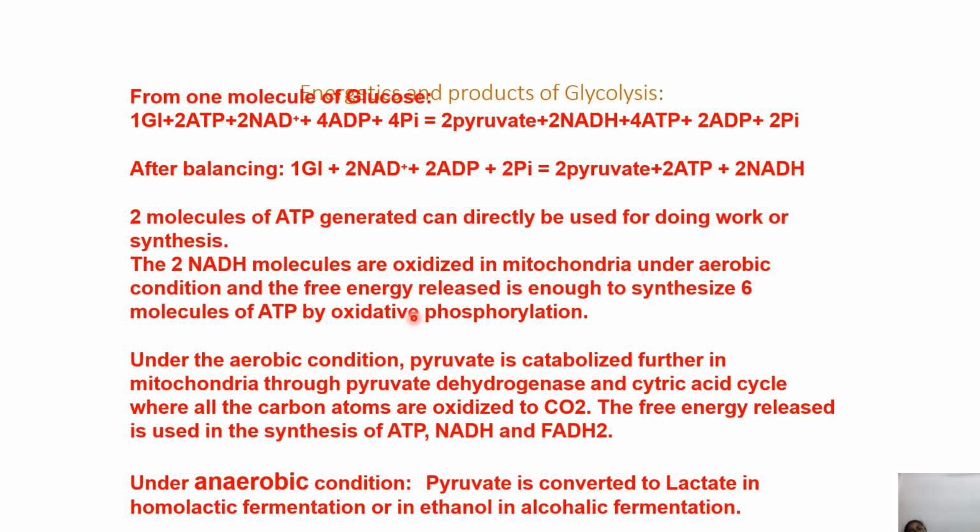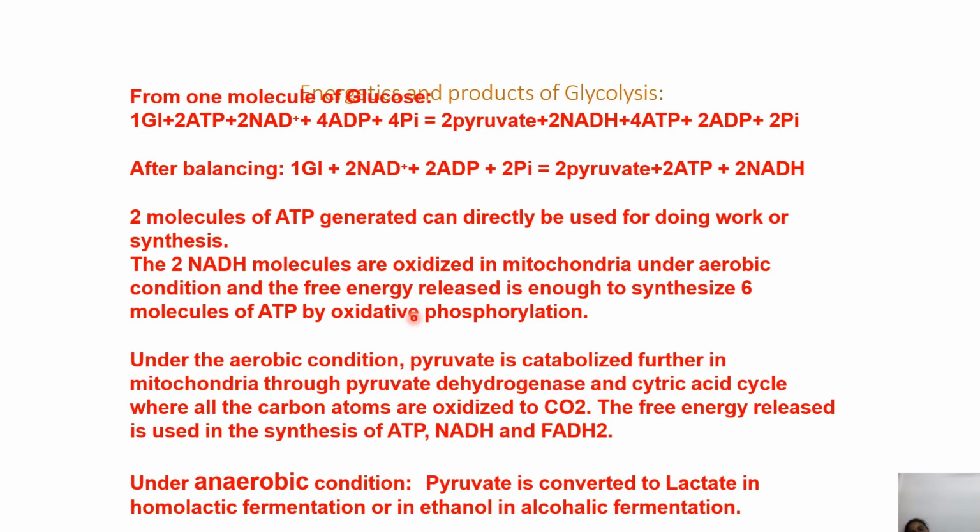So from one molecule of glucose, two ATP molecules are generated that can directly be used for doing work, and the two NADH molecules are oxidized in mitochondria under aerobic conditions, and the free energy released is enough to synthesize 6 molecules of ATP by oxidative phosphorylation.